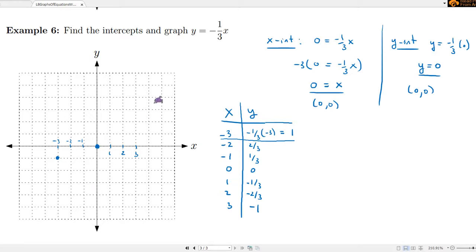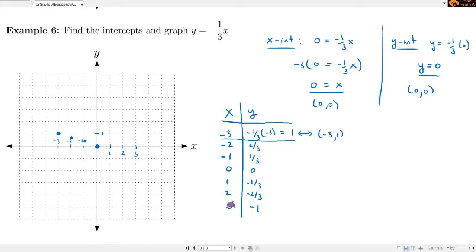Oh, sorry, I plotted that point wrong. So -3, 1 is going to be where? So -3, but then +1, is right here. So -3, +1. All right, and then -2, 2/3 is about there, and then -1, 1/3 would be about there, and 0.